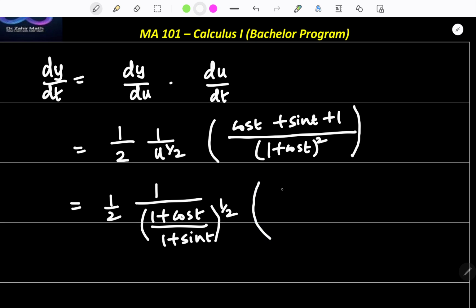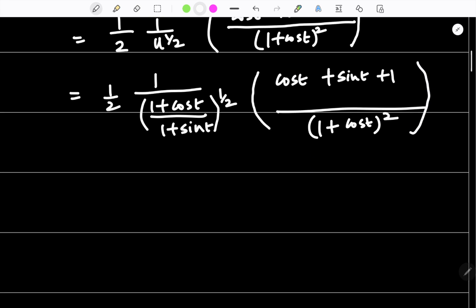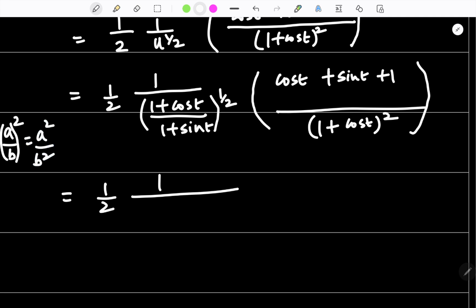So this bracket open cosine t plus sine t plus 1 divided by 1 plus cosine t the whole power 2. Okay. Right. So what I'm going to do, I'm going to write this as 1 by 2, 1 by, suppose you have a power 2, a by b the whole power 2. We can write a power 2 by b power 2, right? Same thing, I'm going to make this 1 by 2.